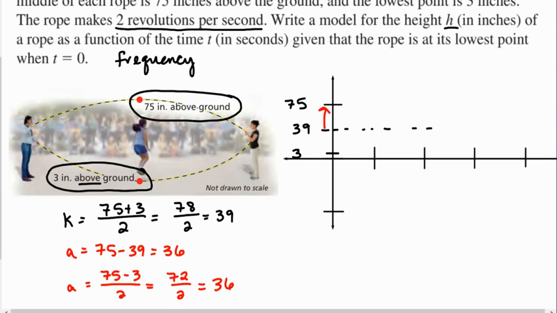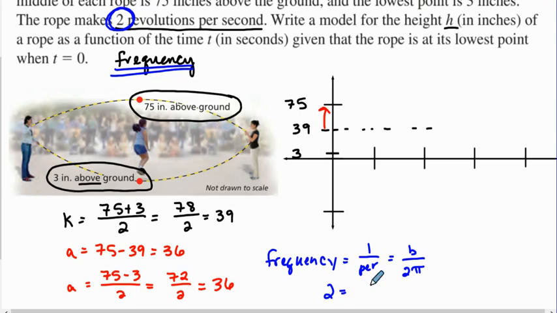And then we want to talk about this thing called frequency. If you recall from just a few minutes ago, frequency is the same as 1 over the period, which is going to be b over 2 pi. This has a frequency of 2 revolutions per second, right? So 2 equals b over 2 pi. I'm just going to multiply both sides by 2 pi.